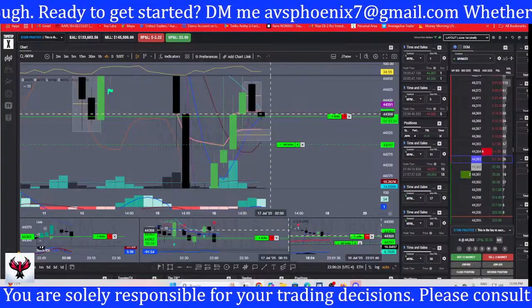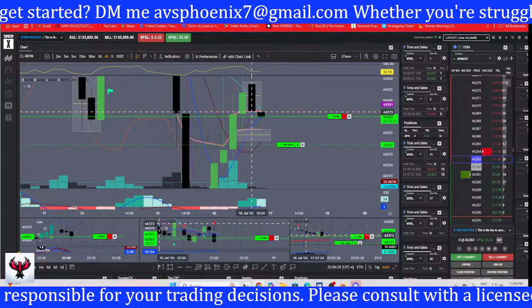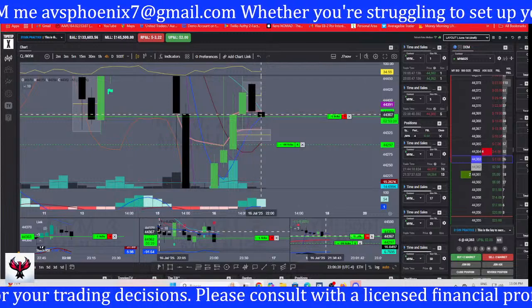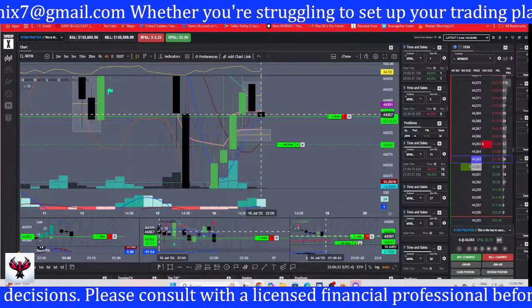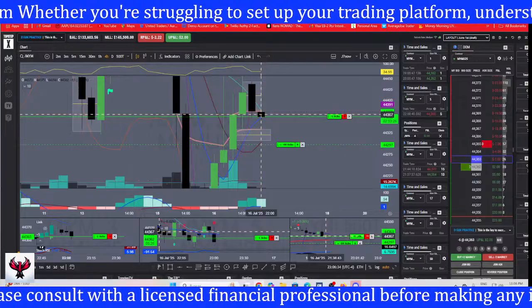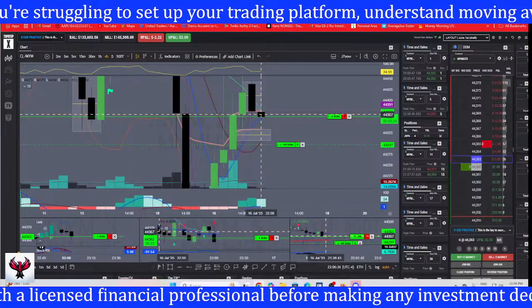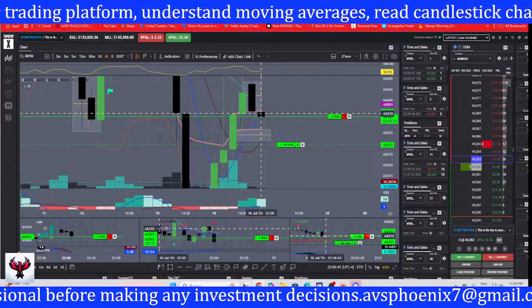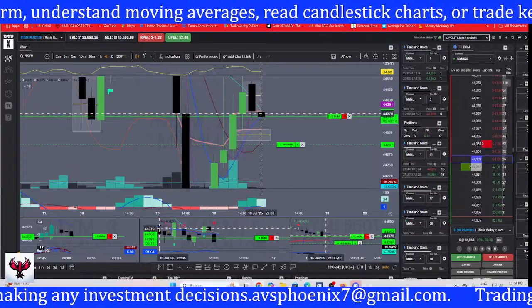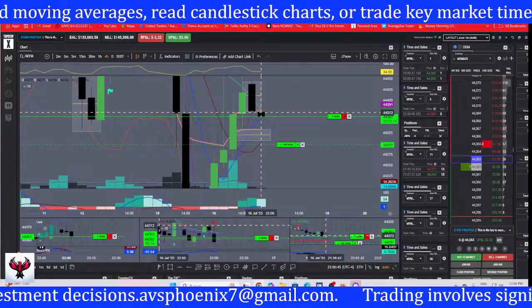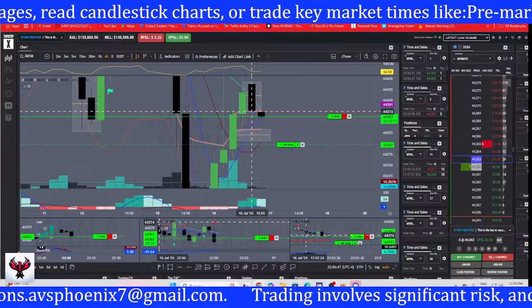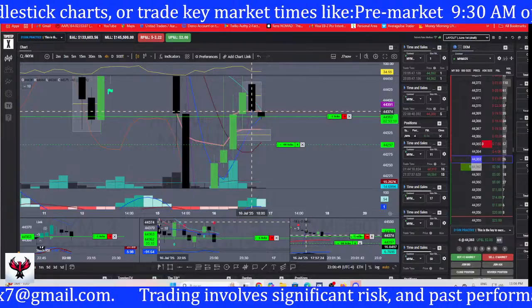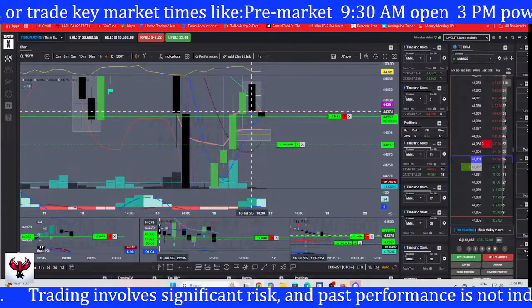So what I saw was that this candle, this 10 p.m. candle, opened right here, just below the close of the 4 hour candle.